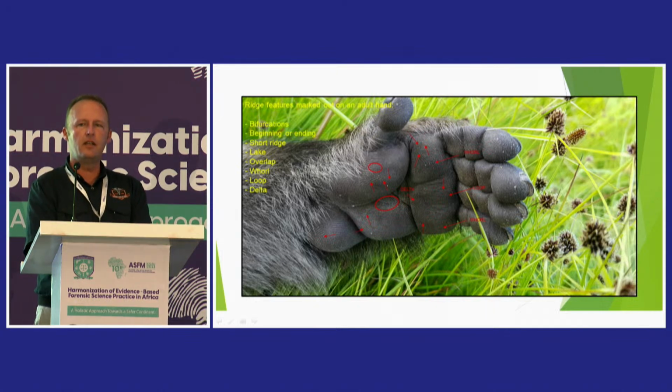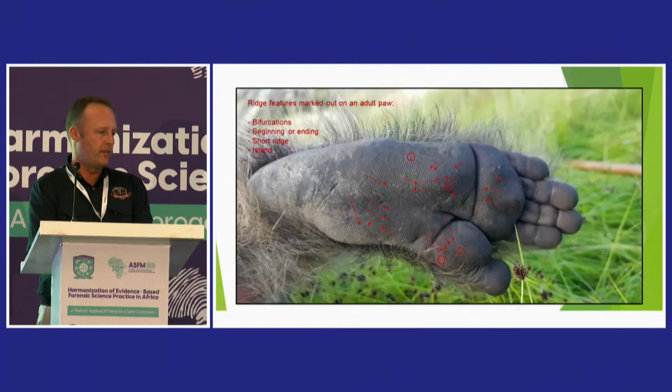Everything that's in our fingerprints that can identify us as humans. I did the same with the paw prints, and like humans, they can also be identified. Marked out bifurcations, beginnings or endings, short ridges, and islands can be used for identification.